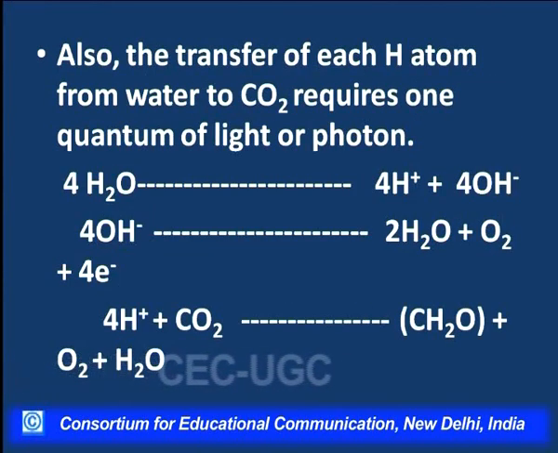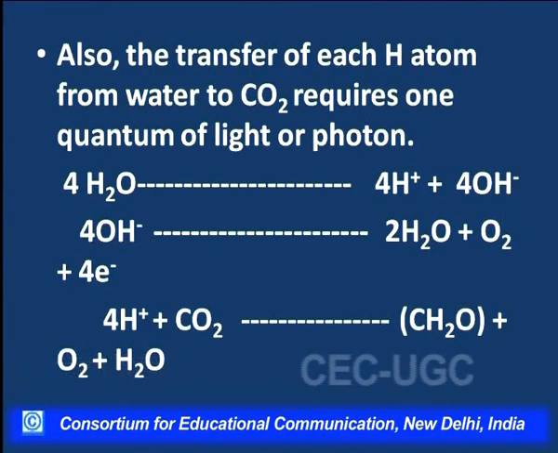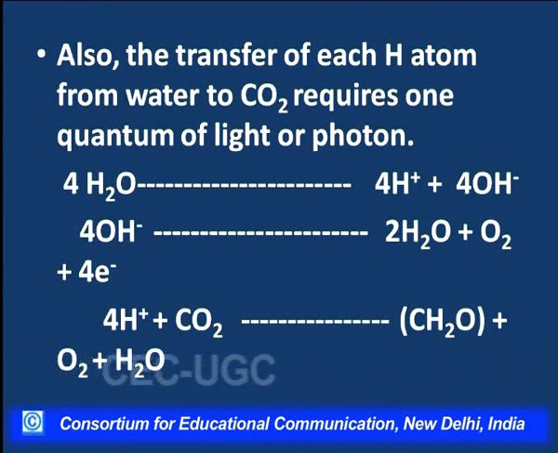We can confirm this on the basis of the equation on display: 4 molecules of water break down into 4 protons and 4 hydroxyl ions, the 4 hydroxyl ions would give oxygen, and in the process they would also release 4 electrons.